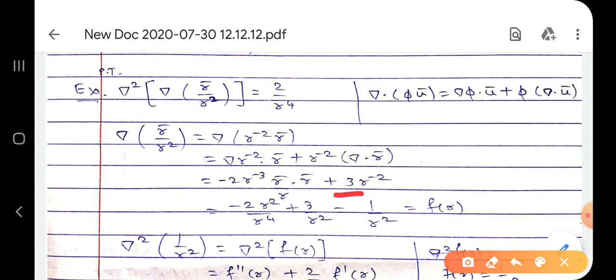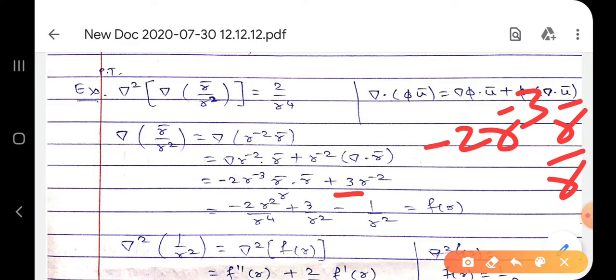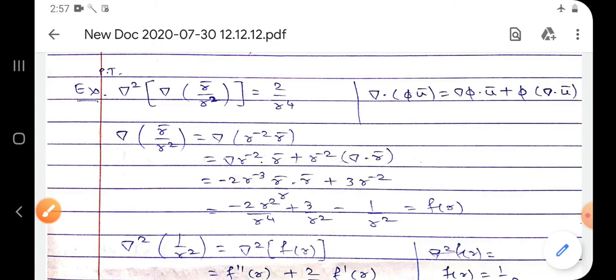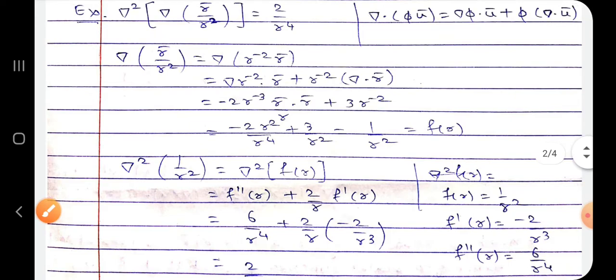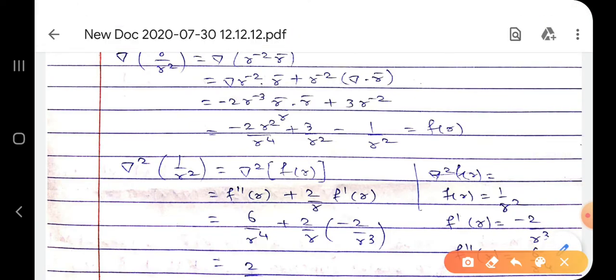And what is the derivative of r raised to minus 2? Minus 2 r raised to minus 3 into r bar upon r. And what is r bar dot r bar? It is r square. So do the calculation and complete your answer. Here I get 1 upon r square as the function.